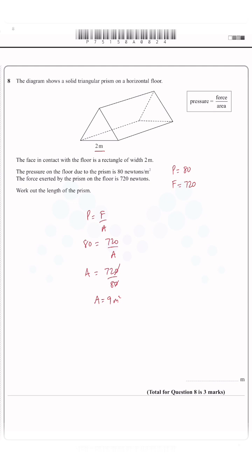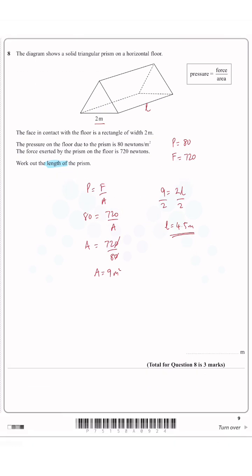So I know that the area of the base rectangle is going to be 9. If I put L over here as my length, and that is what the question is asking me to find, the length of the prism, then that's equal to 2 times L. Divide both sides by 2, and I get L equals 4.5 meters. And that's the length of the prism.